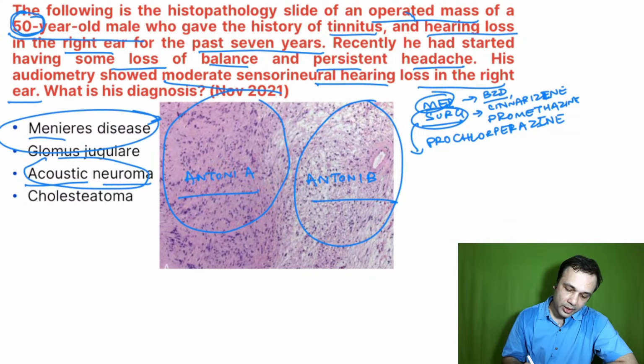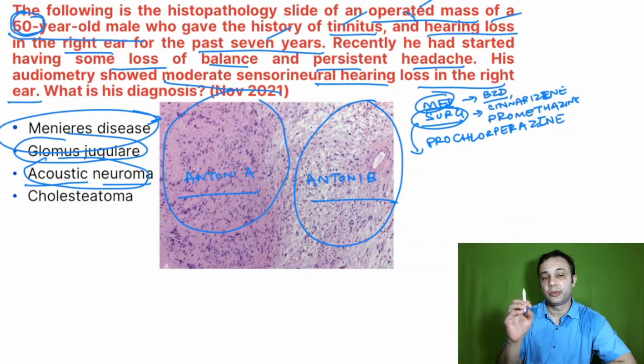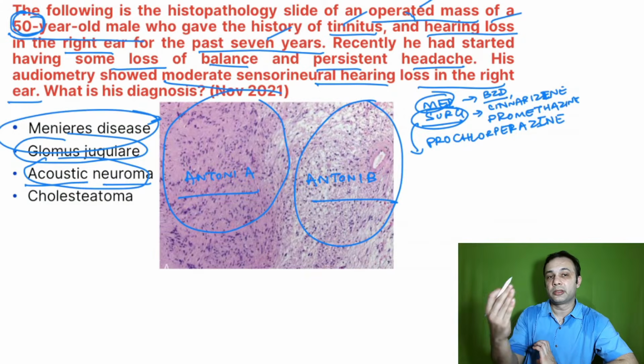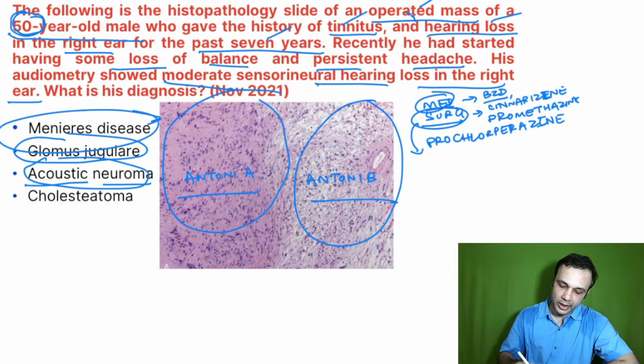Now let's look at glomus jugulare. Glomus jugulare will also present with tinnitus and hearing loss, and it is also a slow growing tumor. It can also be operated. Most often, it presents with conductive hearing loss, and then it progresses on to a mixed type of hearing loss, because glomus jugulare occurs in the jugular foramen region.